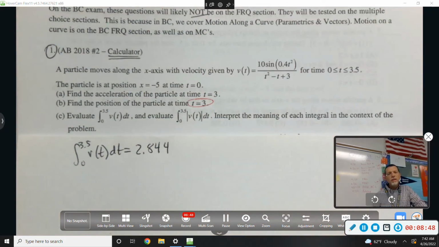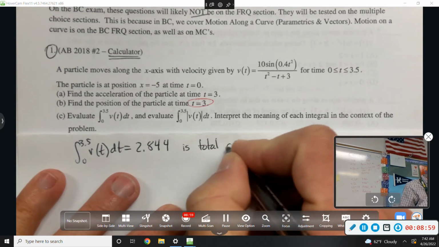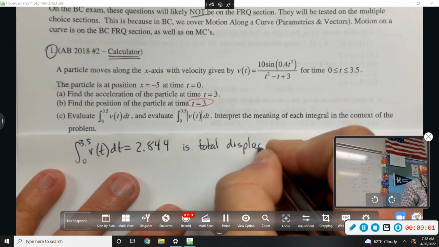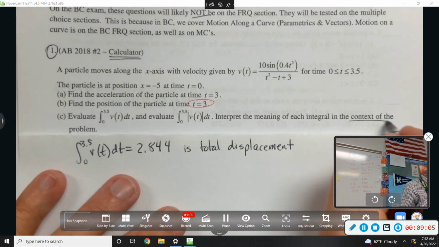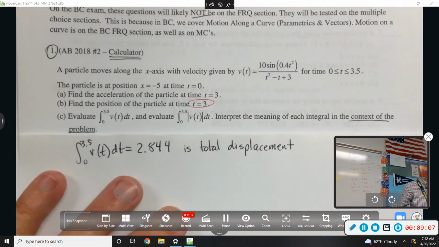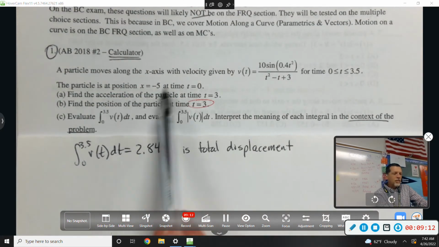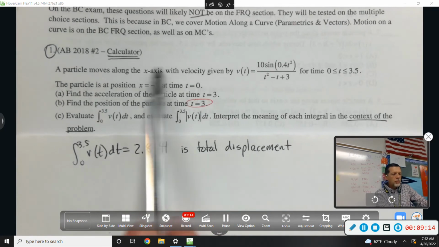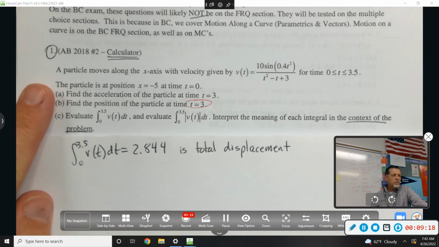So what does 2.844 represent? That's the displacement. And you could say total displacement or net displacement, or you could just say displacement. Now, in the context of this problem means we need to say more than just that's the displacement. You're right, but we need to include something about this problem here. Particle moves along the x-axis.